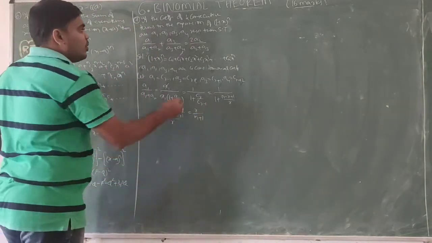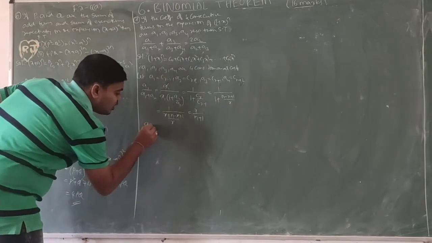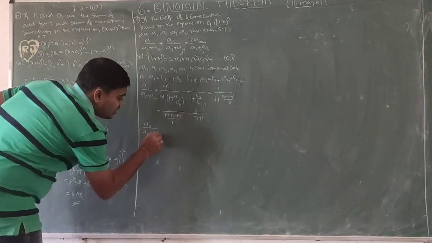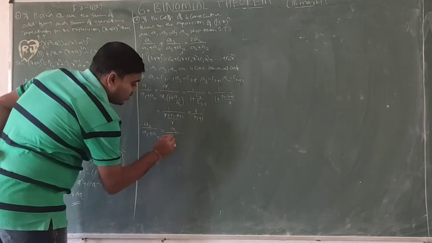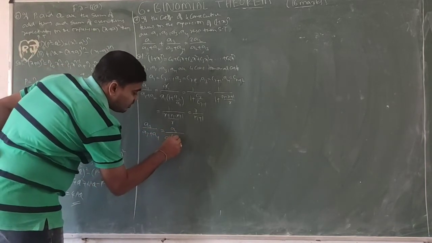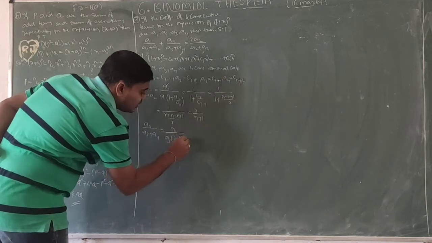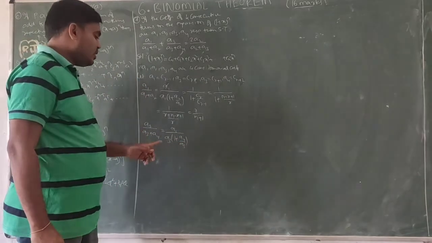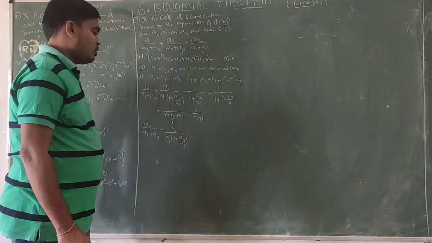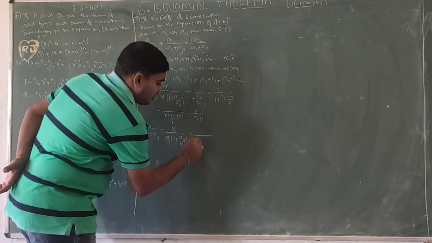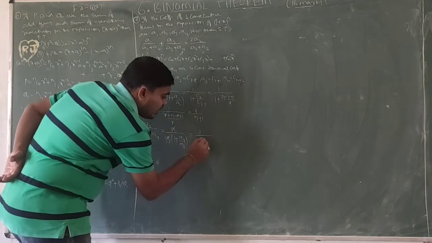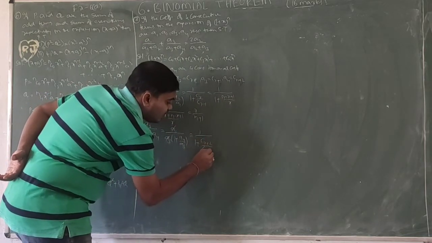This is now a3 by a3 plus a4. A3 by a3 plus a4 equal to a3 by, I am taking a3 common, 1 plus a4 by a3. So a3 into 1, a3 cancel, a4. So a3 getting cancelled. 1 by 1 plus a4, CR plus 2 by CR plus 1.